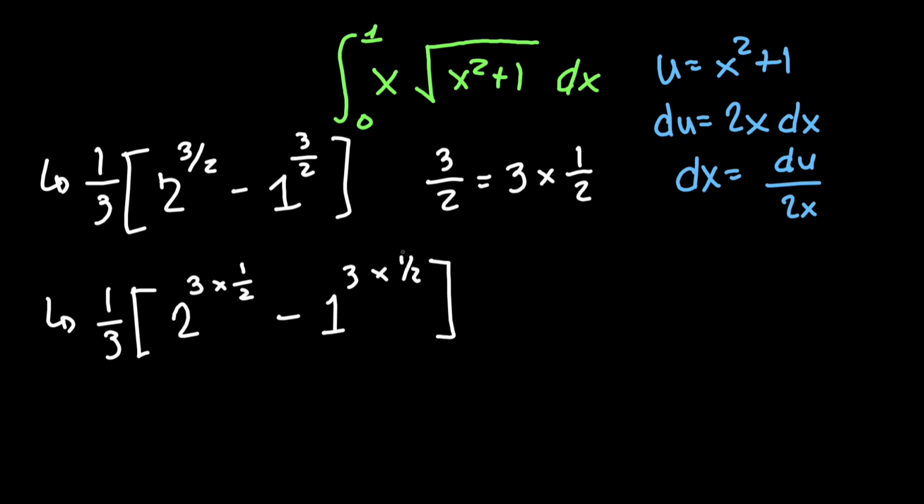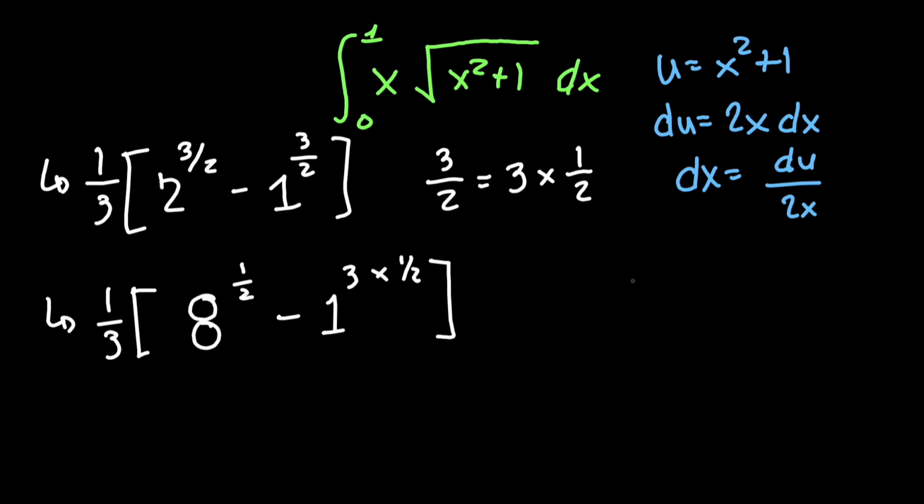So the reason that we are doing this is so that we can simplify this one by one. You can actually see here, 2 to the power of 3 would be equal to 8. So this would be equal to 8 to the power of 1/2.